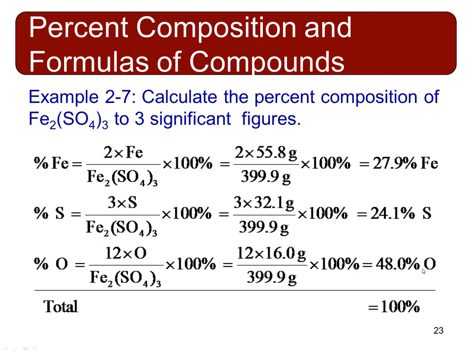So we have 12 times 16 divided by the total formula weight times 100. So we get 48.0%. So we have the highest percentage here of oxygen in the formula. And when we total these up, we should get 100%. That's a way to check your answer to be sure that you've done the percent composition correctly.